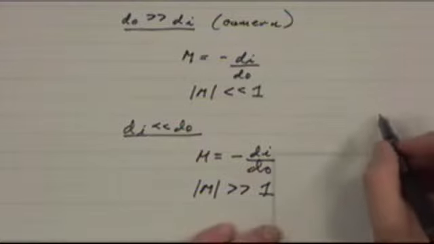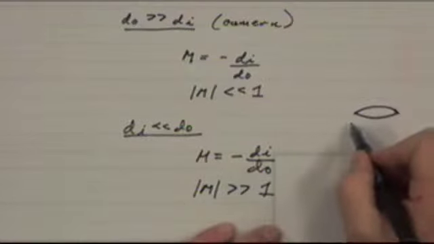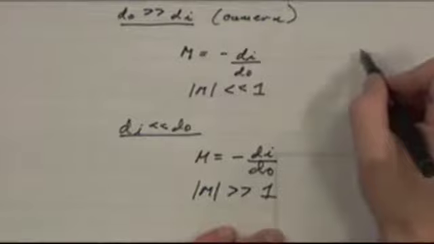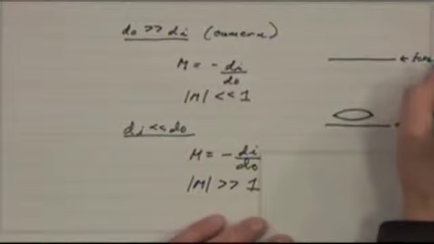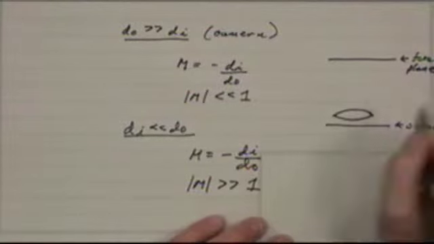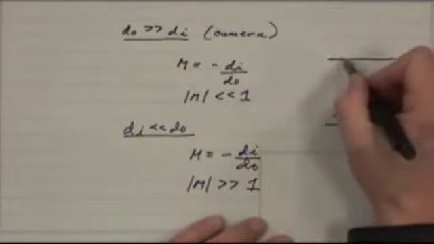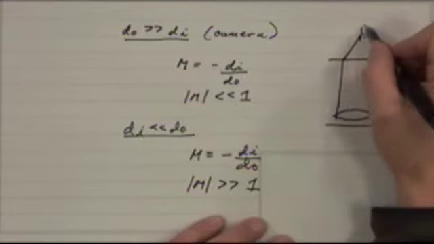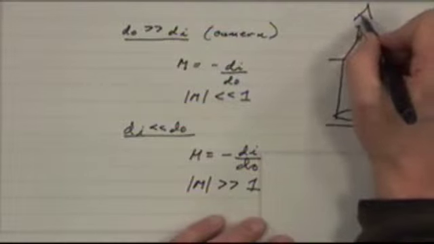So when do you think you would get that? So here's the lens, okay? And here is the object. And then the image, the focal plane here. In this case, the focal plane is far away and the lens is close to the object. When does that occur? I'm drawing a pretty bad version of this, but this would now be your eyeball.